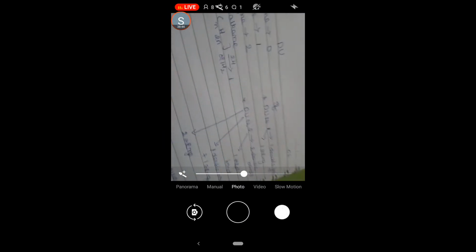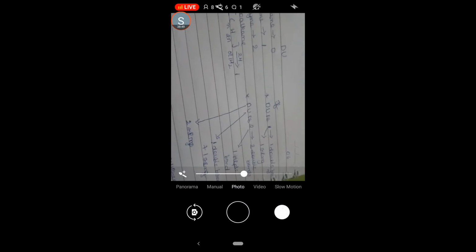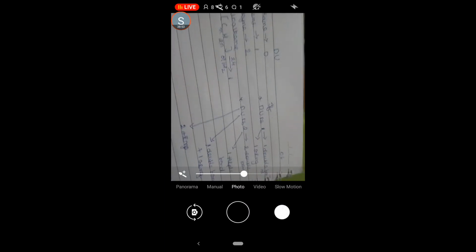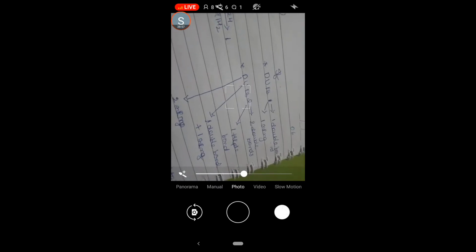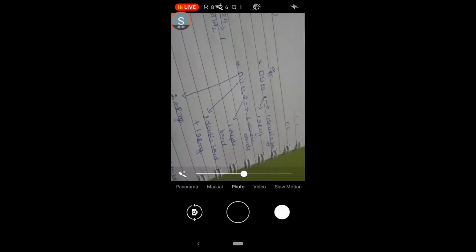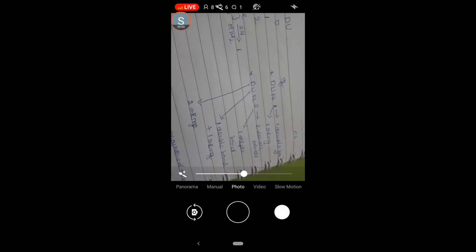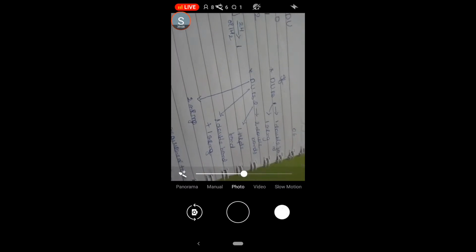If the degree of unsaturation, hydrogen deficiency index or double bond equivalence is 1, it indicates that it has one double bond or one ring. If DU is 2, it indicates 2 double bonds, 1 triple bond, 1 double bond plus 1 ring, or 2 rings.